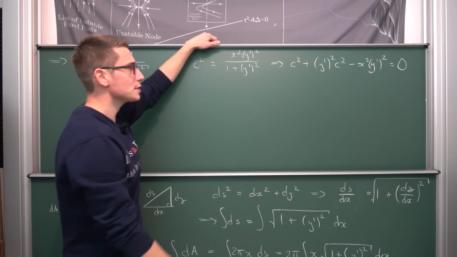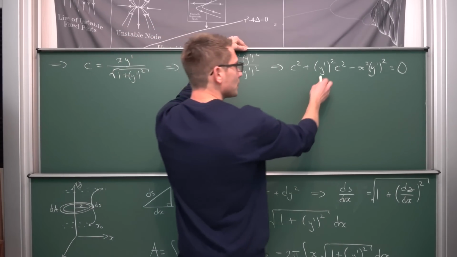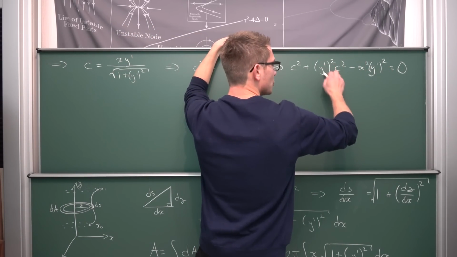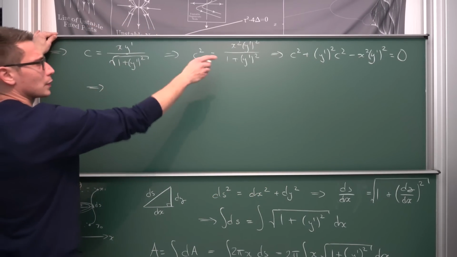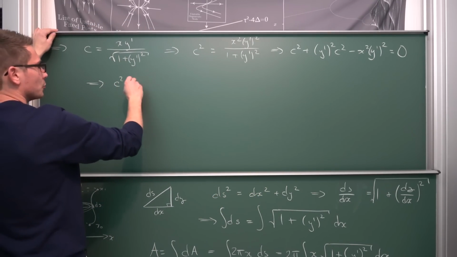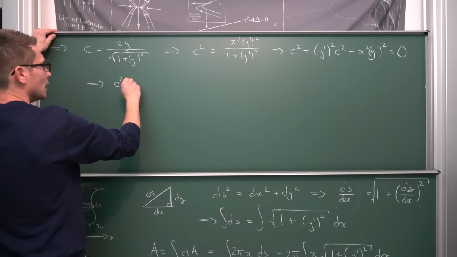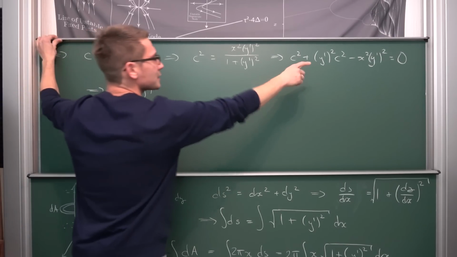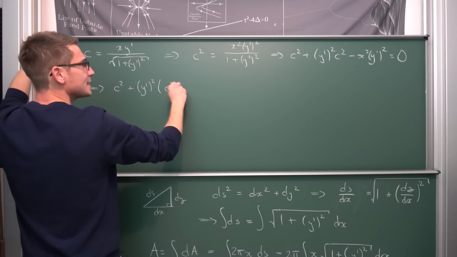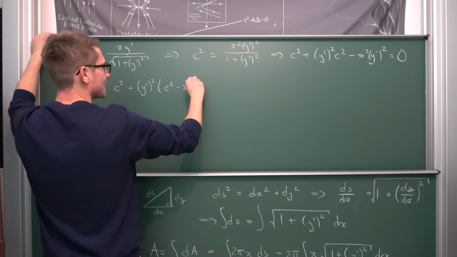Now you're going to notice that if we want to isolate our y prime, it is going to come in handy to use the distributive law on y prime squared. By factoring it out, what we are going to get is an expression of the form c squared plus y prime squared times c squared minus x squared.